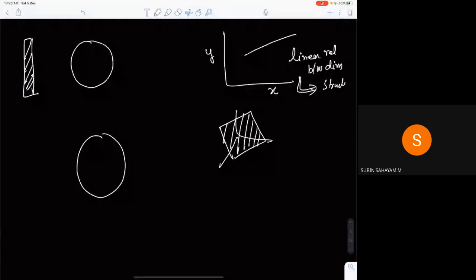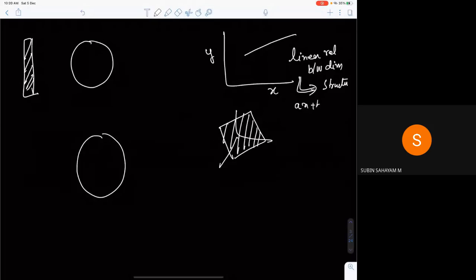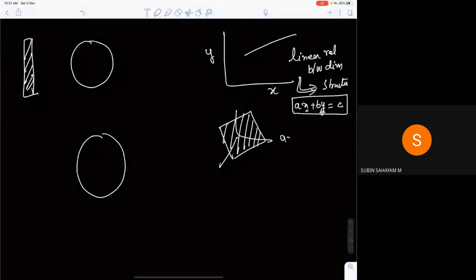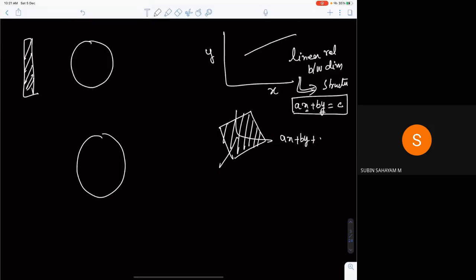If it is two-dimensional, whenever I say ax plus by is equal to c, this is always going to be a line because it's linear. I am having x and y. There is no second order or third order terms. If I say ax plus by plus cz is equal to d, that's going to be a plane.